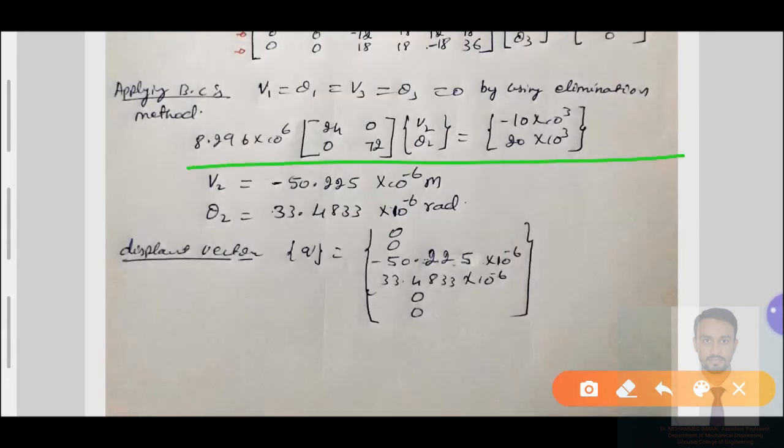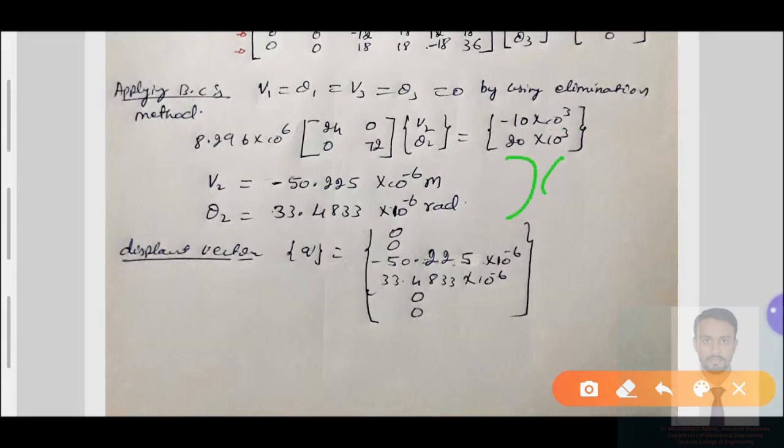We are very well aware of this. Use the calculator and enter the values of this matrix: A1, B1, C1 values, A2, B2, C2 values. In your calculator, go to the mode button, select the two unknown equation, enter the values, and press the equals button.